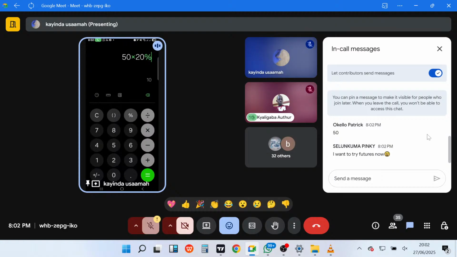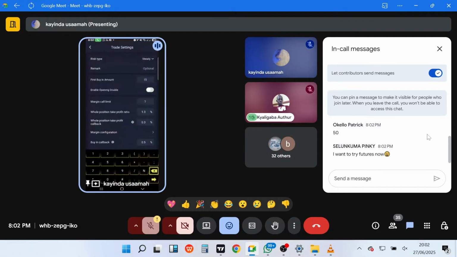How much is 20% of $50? $10. So you write here 10. So we are remaining with how much? $40. So your margin calls should be 4 because you're remaining with only $40. Are we together?